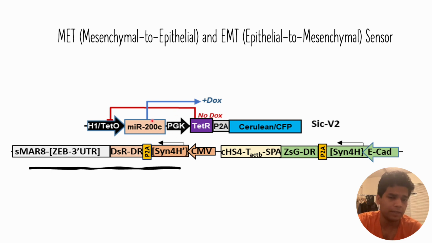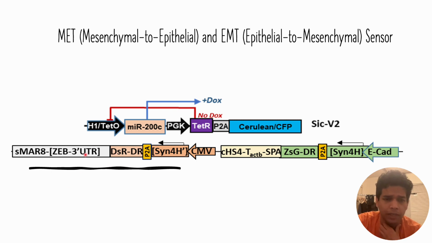When this microRNA starts to form, it will disrupt the 3' untranslated region of the ZEB, and it will disrupt the actual ZEB1 mRNA, and also the sensor plasmid translation.